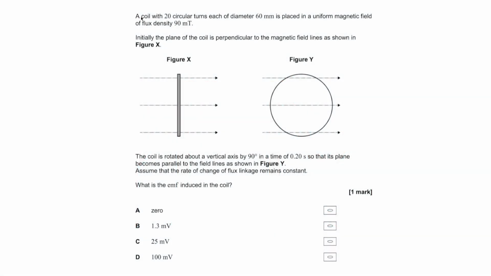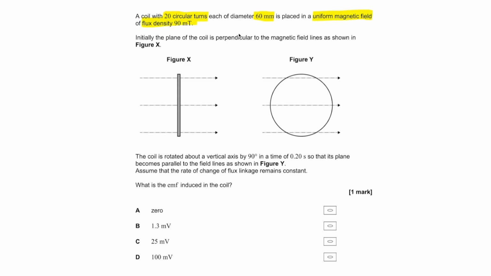This question is about Faraday's law. The question says, a coil with 20 circular turns, each of diameter 60 millimeters, is placed in a uniform magnetic field of flux density 90 milliteslas.